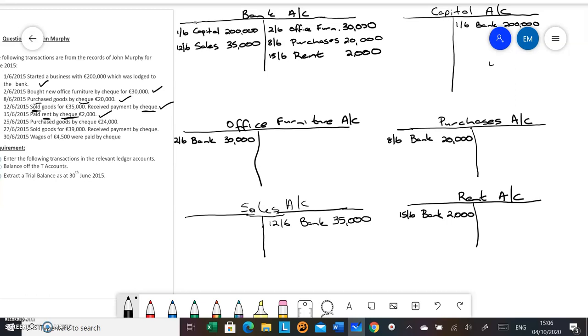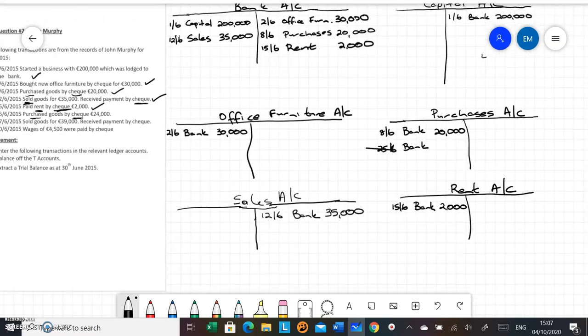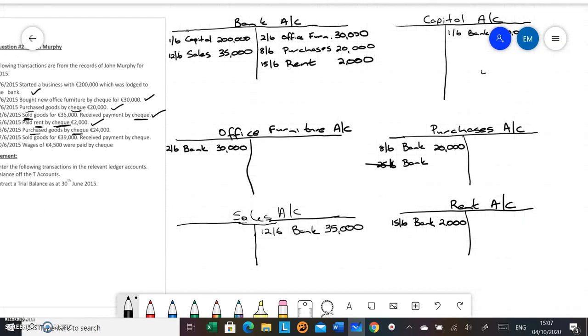The 25th of June, the business purchased goods by check. So again, this is similar to the one that was done on the 8th of June. You have a purchase and the money was paid by check on that date. So on the 25th of the 6th, you have the bank, €24,000.